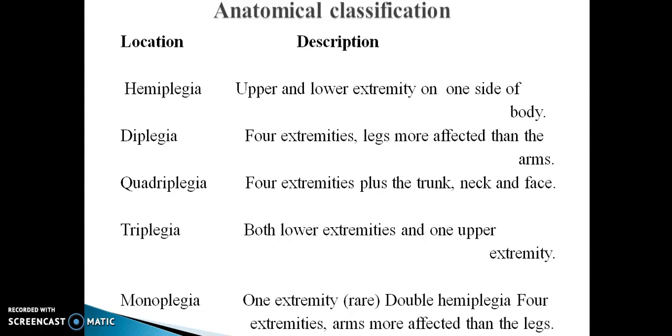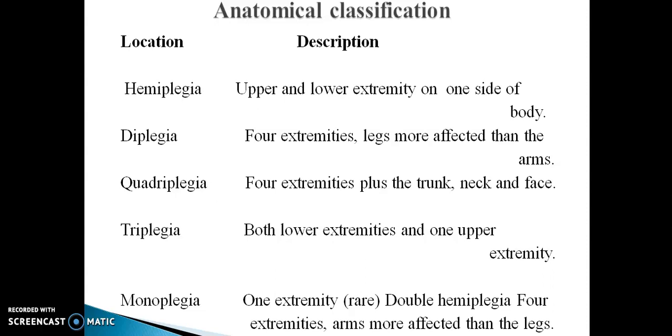In diplegia, four extremities are affected. Both upper limbs and lower limbs are affected, but legs are more affected than the arms. That means it is similar to quadriplegia, but here the upper limbs are far better. Mild impact will be there, but the lower limbs are more affected. The better way to say it is that upper limbs are less affected than the lower limbs.